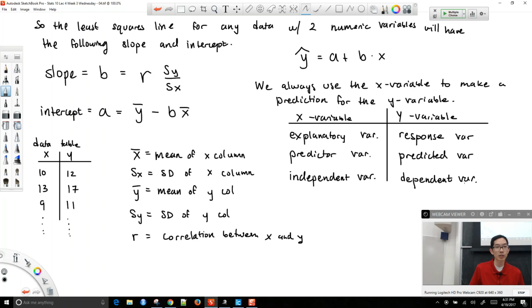I don't really care for the terms independent and dependent variable. In my opinion, they suggest that there's a cause and effect relationship between x and y, as if y depends on the value of x, and that's not necessarily the case.